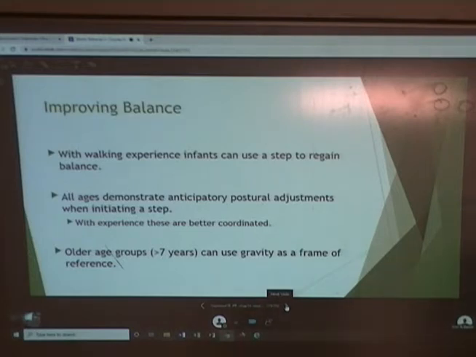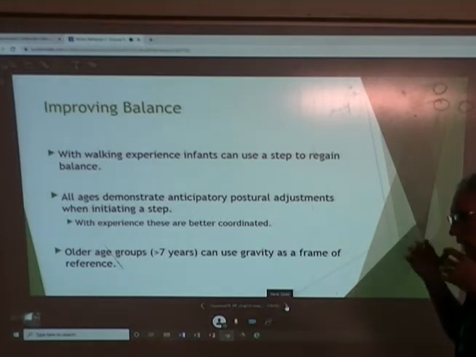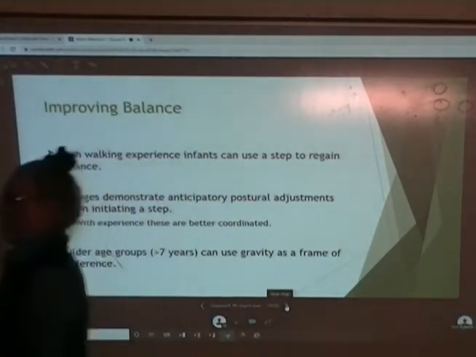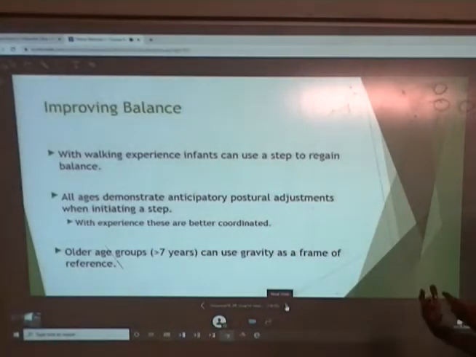The frame of reference information won't be on the exam. Let me give you that hint right now. But what they see, because I think it's quite interesting, but it's a little bit outside where I want to go with the information, is that children and adults, so kids who are 7, 8 and older, can judge, and again, not consciously, by the pull of gravity on them that they need to adjust their feet, for example.